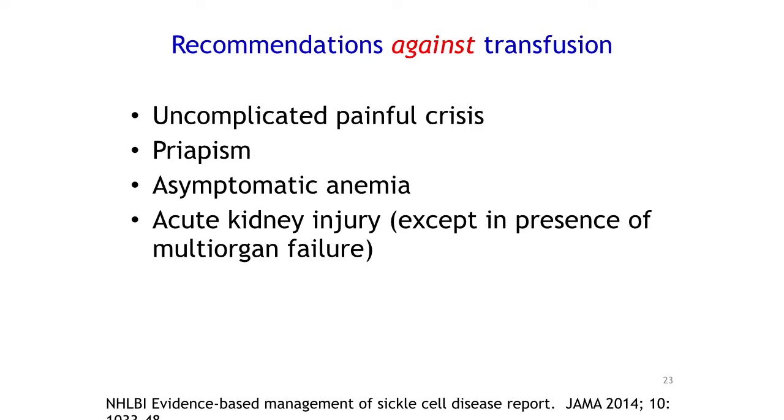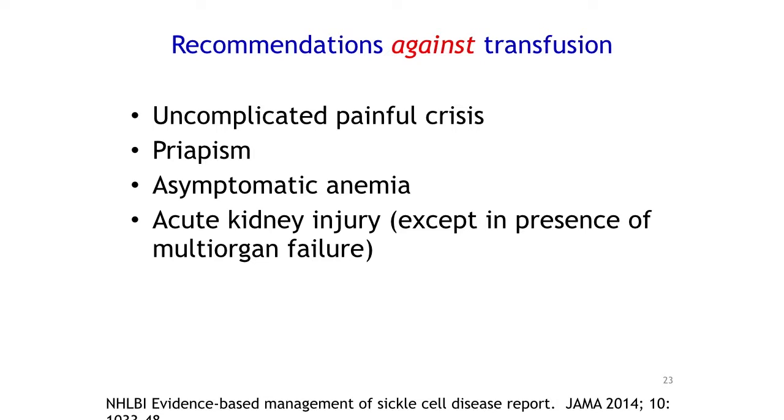In priapism, which is simple and has not lasted for 4 or more hours, it's also recommended that we should not transfuse. But if you have one that has persisted beyond 4 hours, you may actually need to do exchange transfusion in consultation with the urologist and the hematologist.